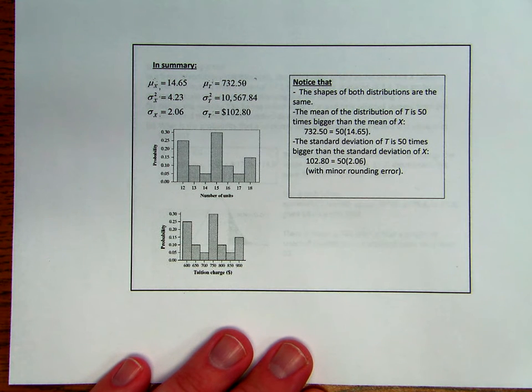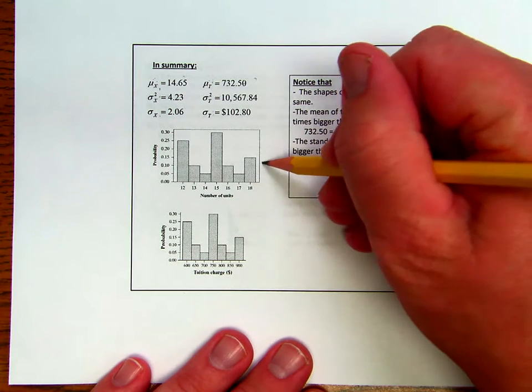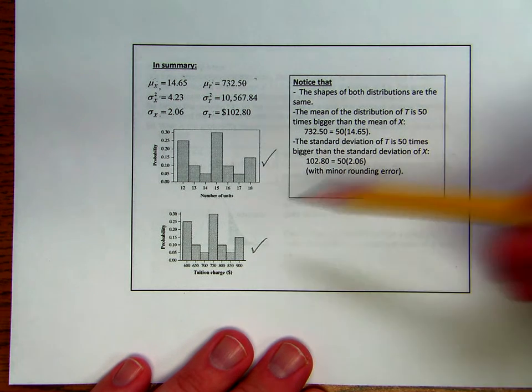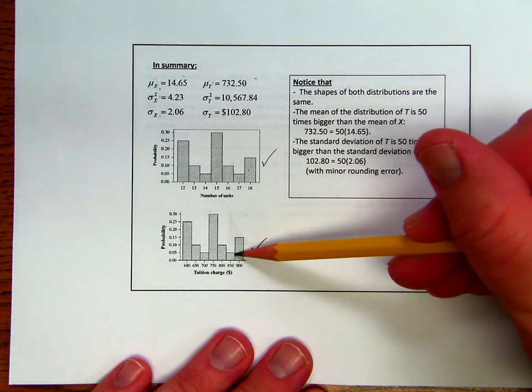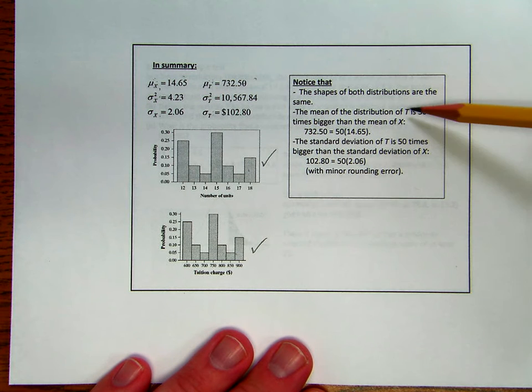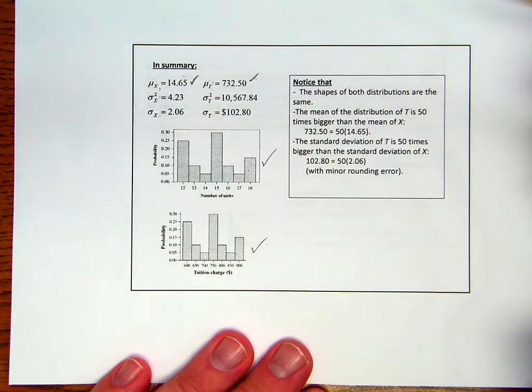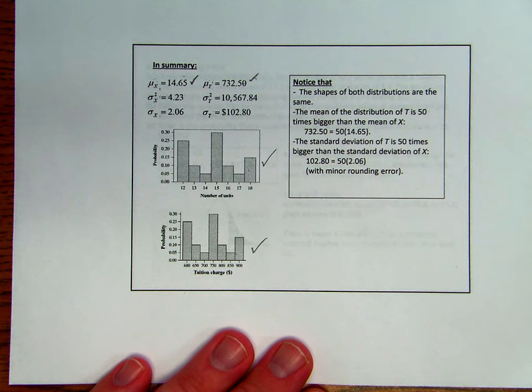So, things we should notice. The shapes of both distributions are the same. That shape is the same as this shape, whether it's the number of units you're taking or the tuition charge. The mean of the distribution T is 50 times bigger than the mean of X. Remember, means are affected by multiplication or division, addition or subtraction.